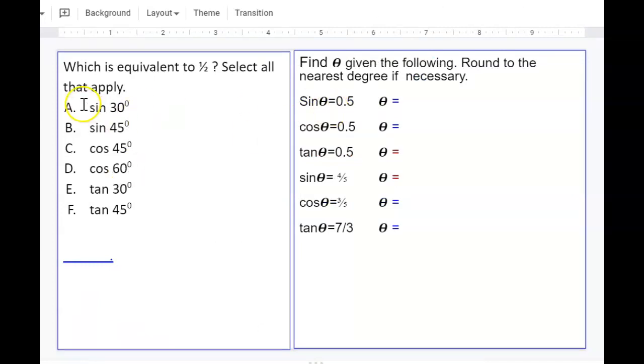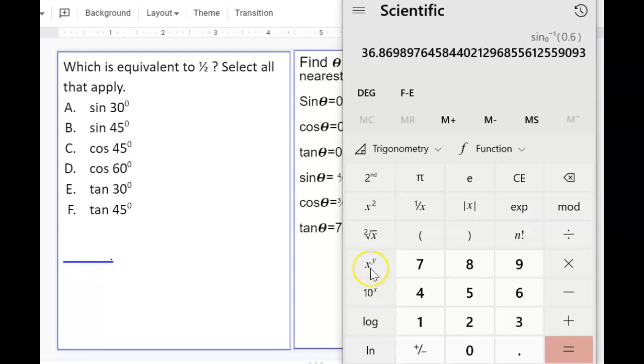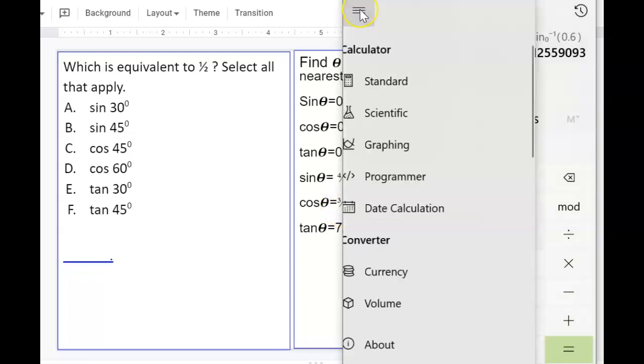All right, here we are asked which is equivalent to 1/2. Select all that apply. Now we'll have to evaluate these angles. In the previous slide, we saw the definition of sine, cosine, and tangent. But now, how do we actually evaluate the sine of an angle? We'll use a calculator.